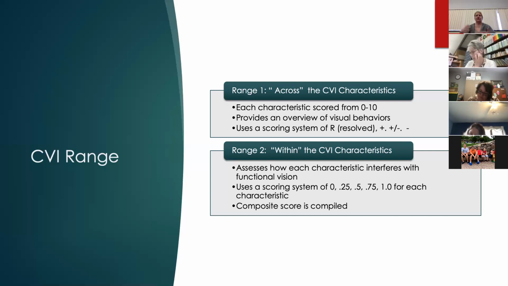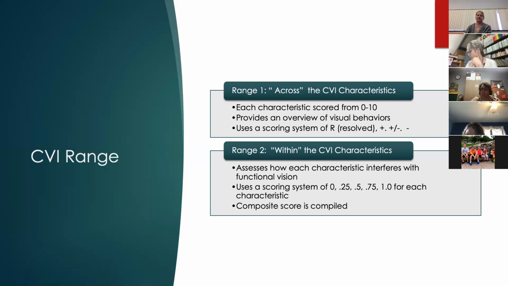The second range, and they work together. They're 2 pieces of the assessment. Range 2 assesses how each characteristic interferes with functional vision. It uses a scoring system of 0, 0.25, 0.5, 0.75, and 1.0 for each characteristic. 0 means that they're not doing it. 1.0 is that they're doing it all the time, okay?